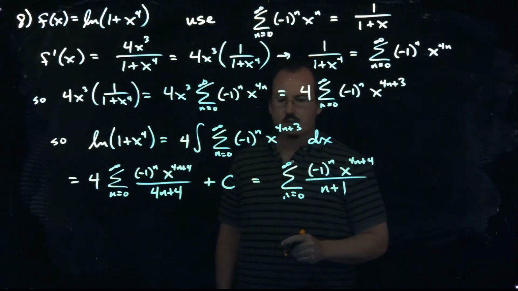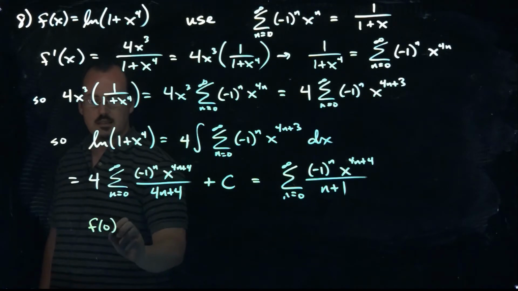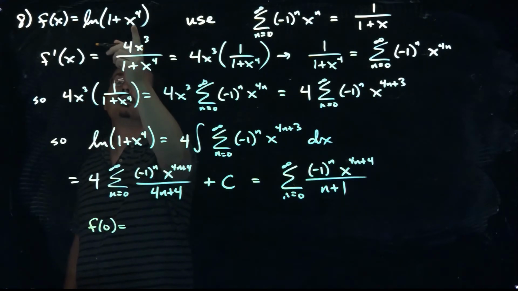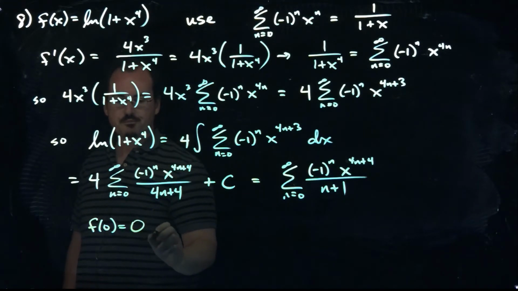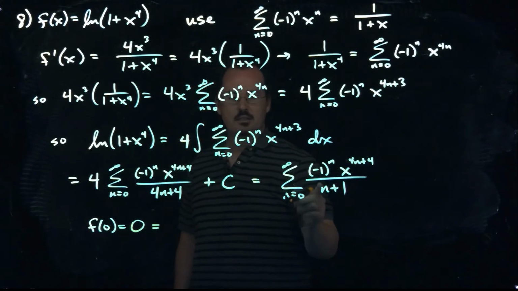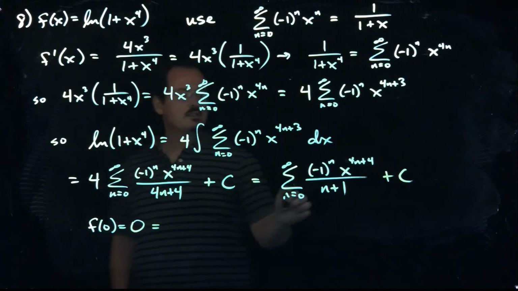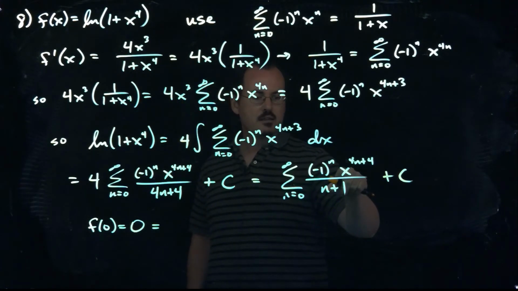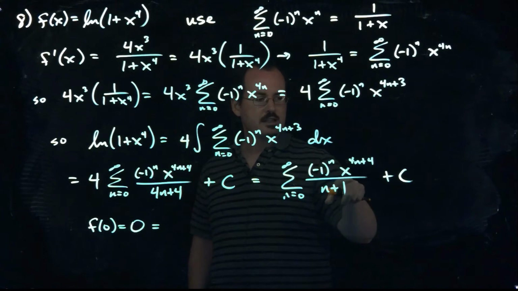Then we can also determine what c is, because f of 0 is what we get when we plug in 0. If I plug in 0 to the original function, I get natural log of 1, which is 0. And that should be the same thing I get when I plug 0 into the power series. 0 to any power is 0, so this is just a bunch of zeros added together.